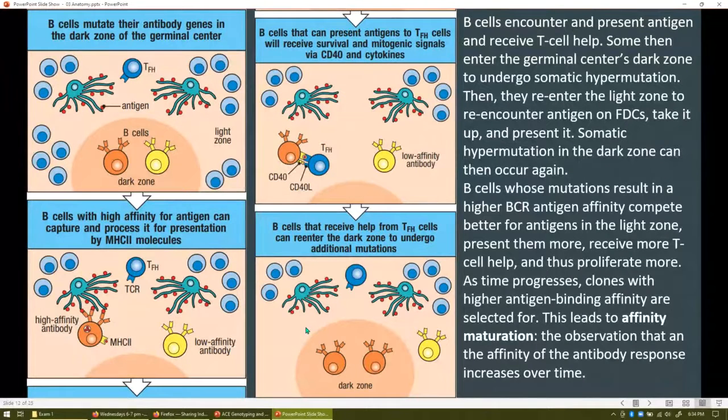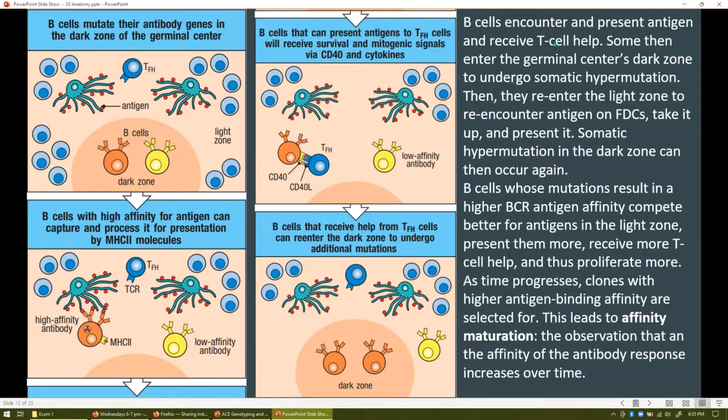So this process probably lasts about a month or two. And yeah, the antibodies are going to become higher and higher in affinity over time. So it keeps going on because these antigens are just trapped here waiting for a B cell to take them up. So I wrote a paragraph on it, and I'll just read those.